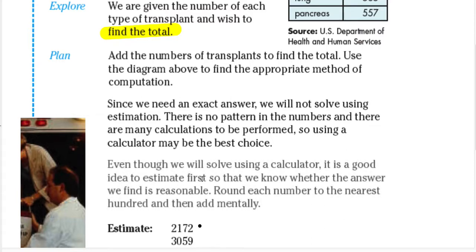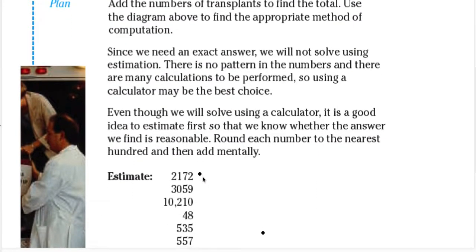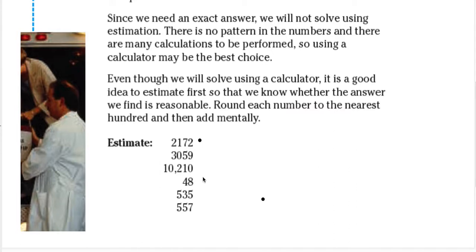So even though we will solve using a calculator, it is a good idea to estimate first so that we may know whether the answer we find is reasonable or not. Round each number to the nearest 100, and then we simply add mentally.